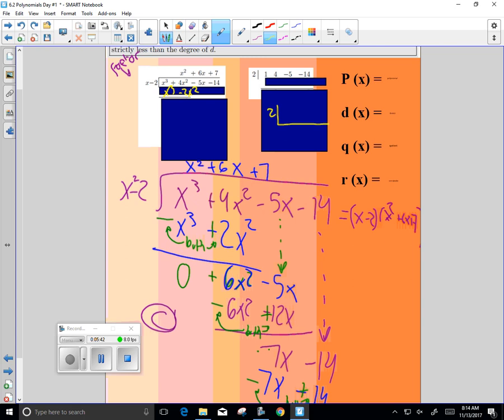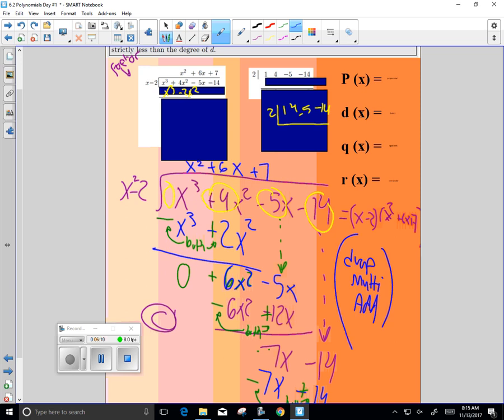What you do is take the coefficients of the polynomial you start with, which will be 1, 4, negative 5, and negative 14. Okay? And you're going to do three things. You're going to drop, multiply, and add. Drop, multiply, and add. Sounds like something from the 50s.